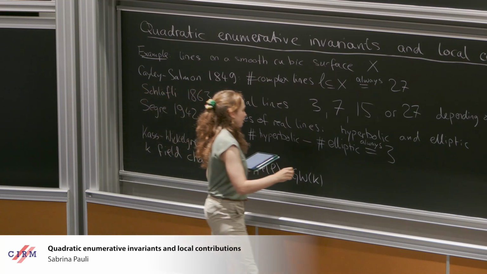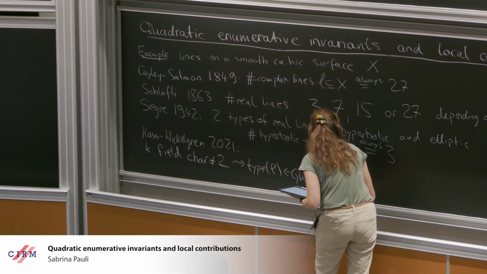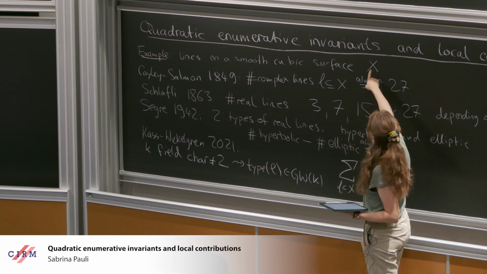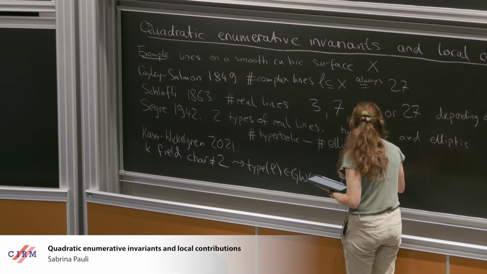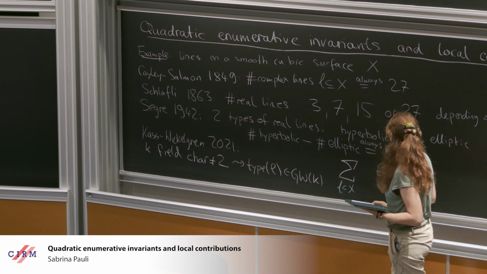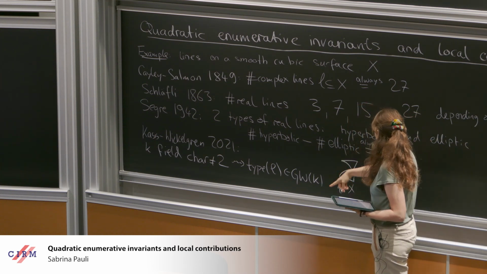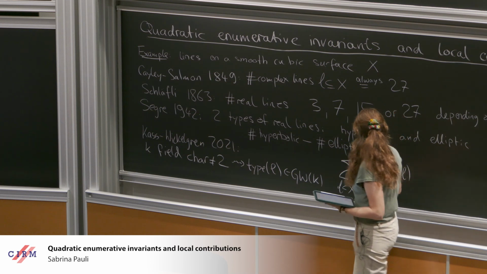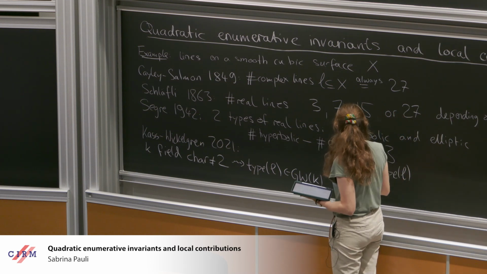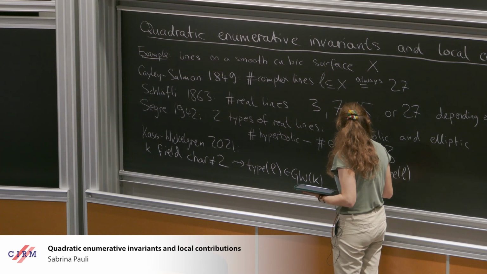And if you take the sum over all the lines in your smooth cubic surface over these types of the lines, this is not quite it. We also consider lines which are not defined over the base field K, but they might be defined over some finite separable field extension. Then you have to trace down.